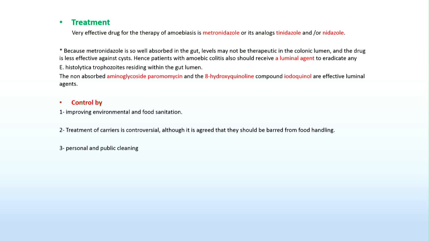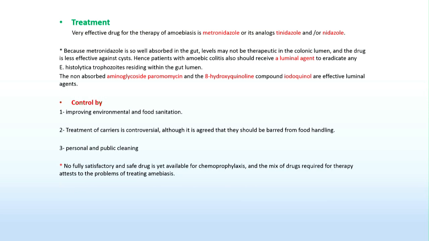Personal and public cleanliness. No fully satisfactory and safe drug is yet available for chemoprophylaxis, and the list of drugs required for therapy attests to the problem of treating amoebiasis.